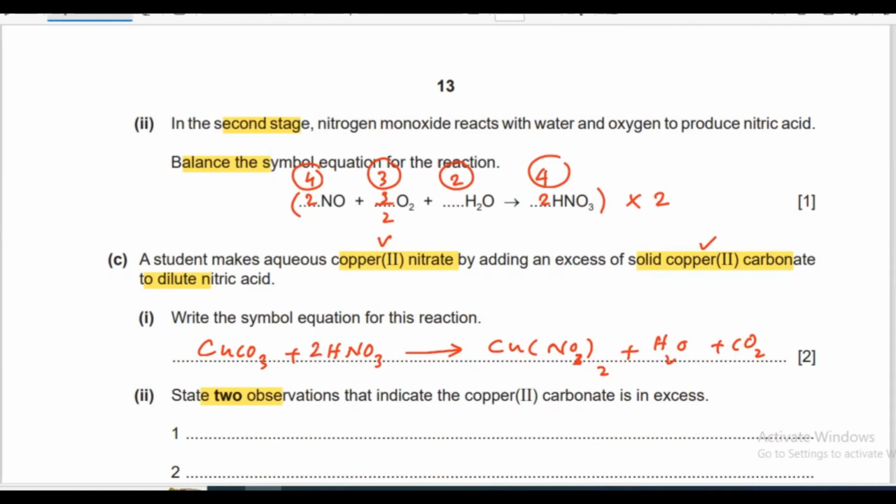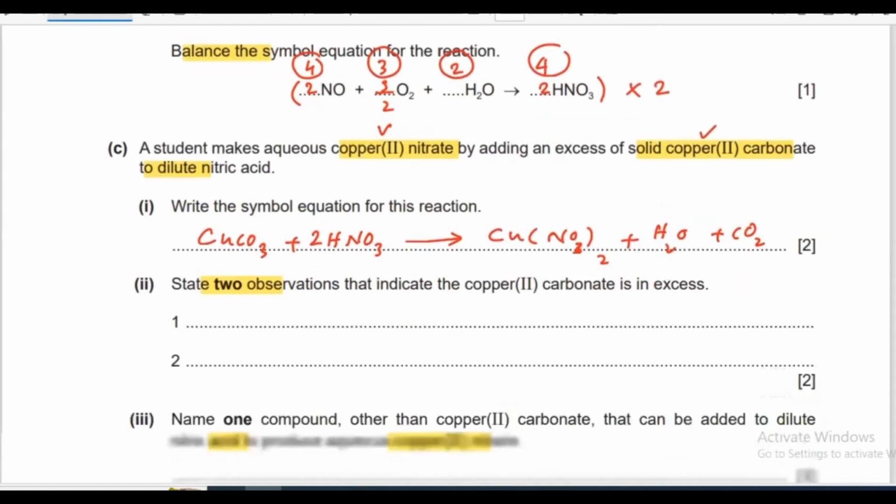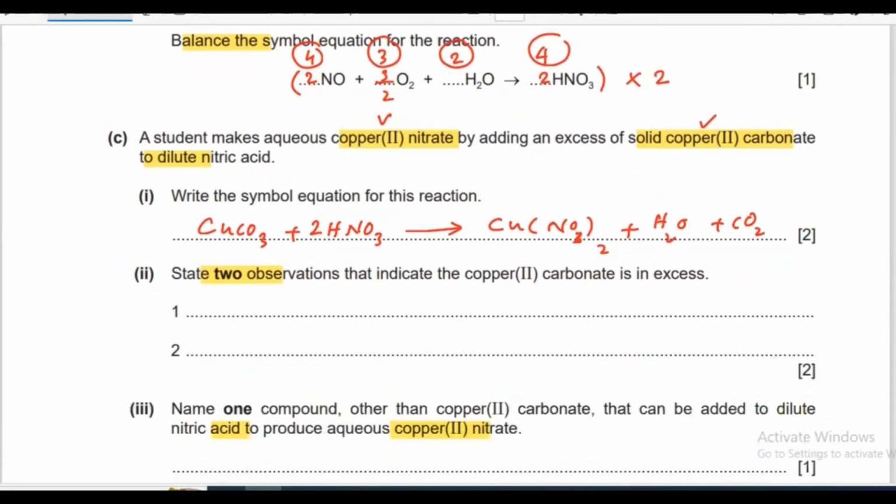State 2 observations that indicate the copper 2 carbonate is in excess. This copper 2 carbonate is reacting with the nitric acid. If it is in excess, a time will come when no more copper carbonate can be dissolved in nitric acid, so you can see the undissolved solid. When you see the undissolved solid, there is no more reaction because the nitric acid is completely used up.